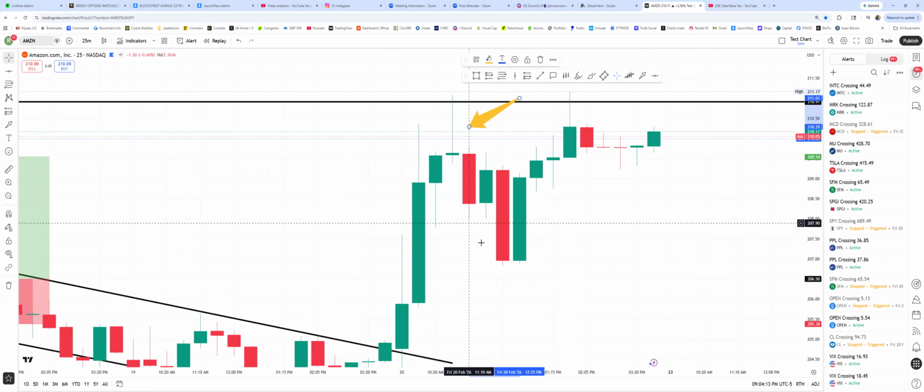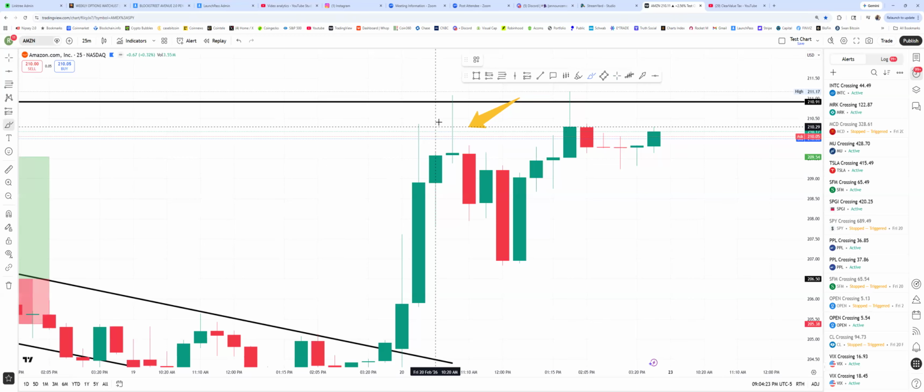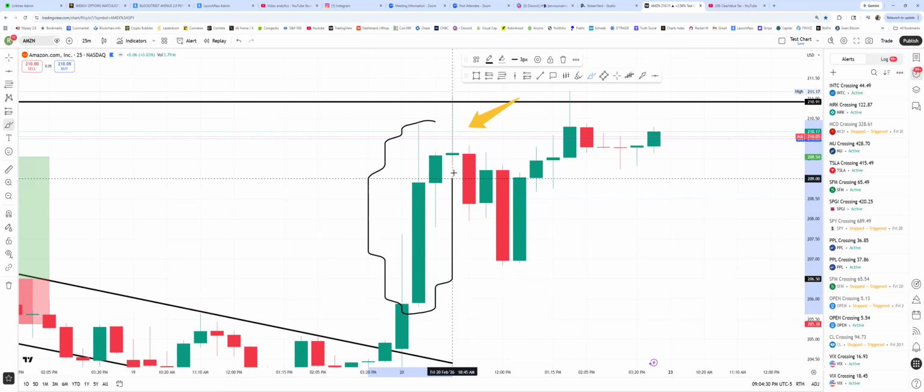So over here, right? This is what you call a fakie, right? This is a false break. It's a false break because if you're looking at these two, this gives you an inside bar. Am I right? Right? This is an inside bar.